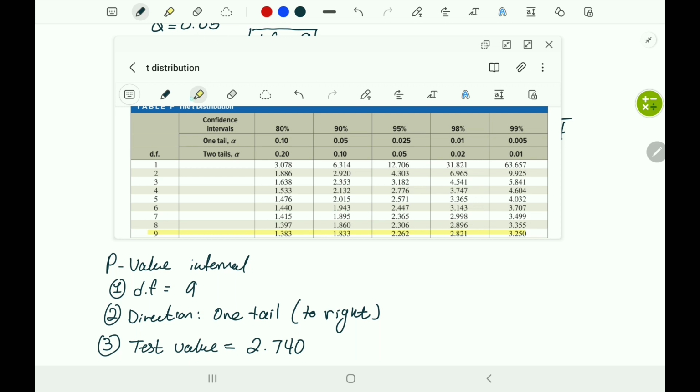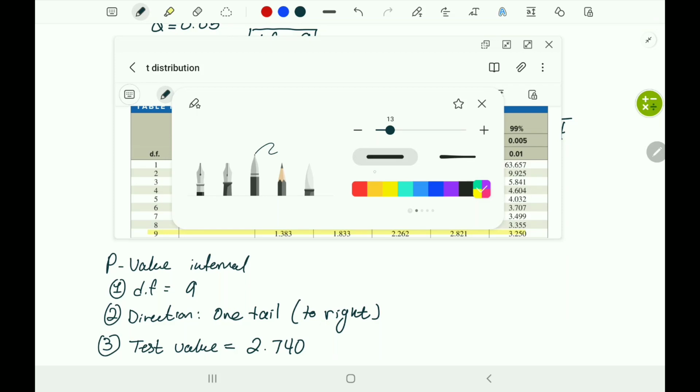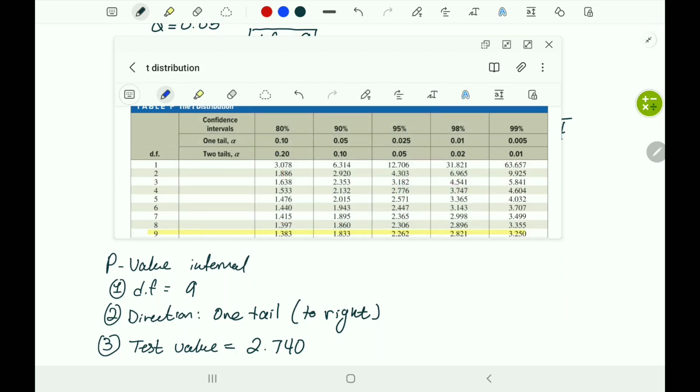Now, what we want to do is find 2 values where 2.740 will fall in between. And the 2 values that 2.740 will fall in between are 2.262 and 2.821.